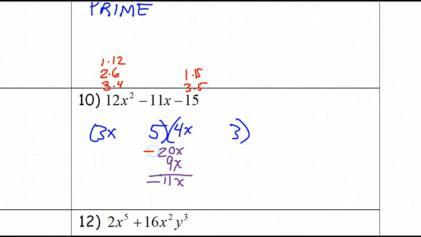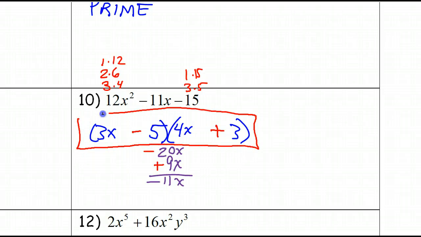Let's see, I need the bigger number to be negative, so the negatives will win. So negative 20 and a positive 9 will make negative 11. So here's my negative 20, and here is my positive 9, outer. Does that make negative 15? Sure, negative times a positive is a negative. So that would be how you do number 10.